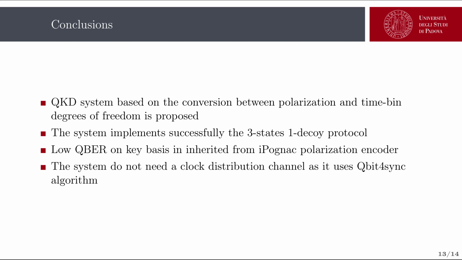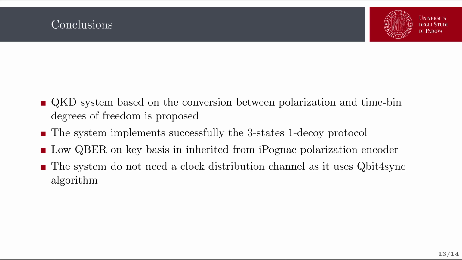So, in conclusion, we proposed a QKD transmitter that relies on the conversion from polarization-encoded photons to time-bin encoded photons, and a receiver that the other way around performs its measurements, converting back some of the time-bin states to polarization states.